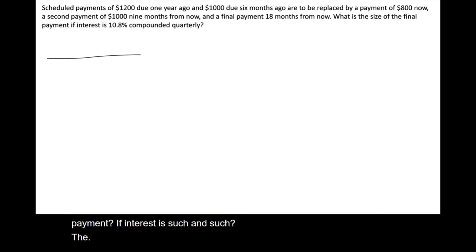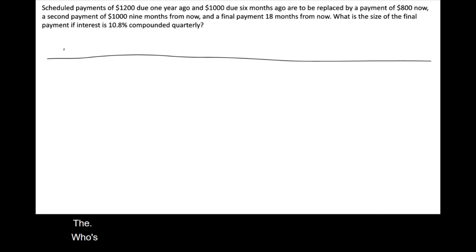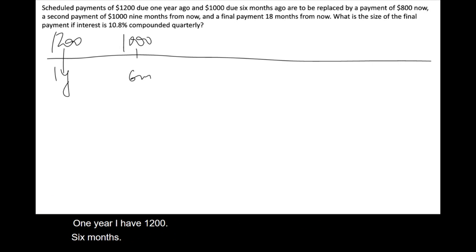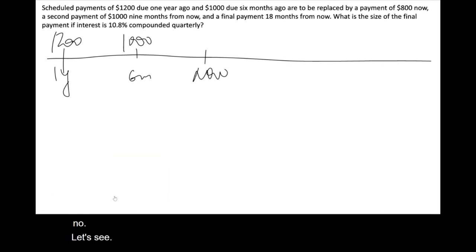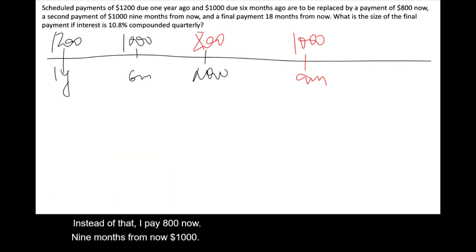Okay, let's make a timeline. 1 year ago I have 1,200. 6 months ago, 1,000. Now, let's say instead of that I pay 800 now. 9 months from now, $1,000.